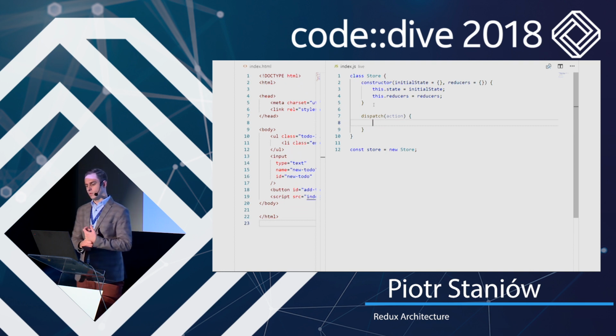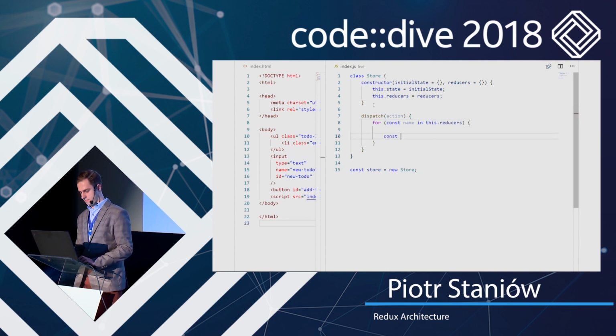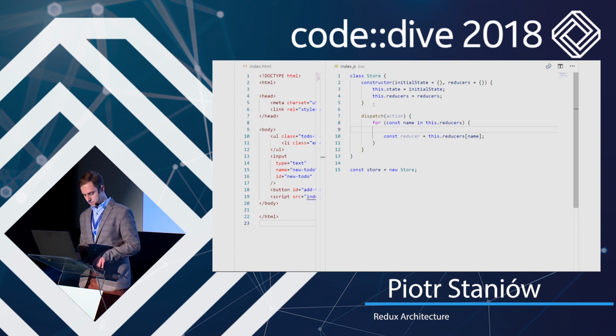Okay, so let's go through keys of the hash map. And let's take those functions that we use. Reducer, reducer's map is basically a map from name of reducer to the function.